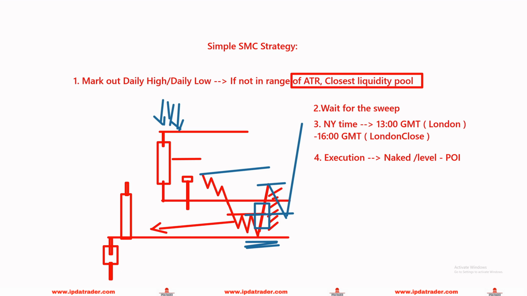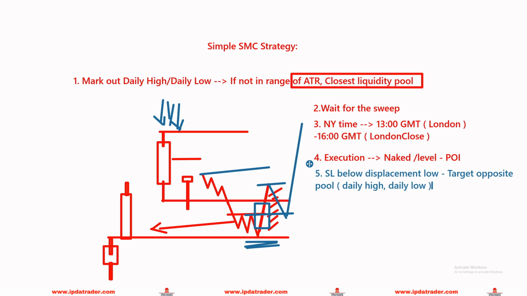So once again, that's step 4, execution at the naked level, POI. Stop loss below displacement low, target opposite pool. Opposite pool, which is going to be the daily high or the previous daily low. Very, very simple strategy. Very, very simple steps that you can replicate every single day in your trading.